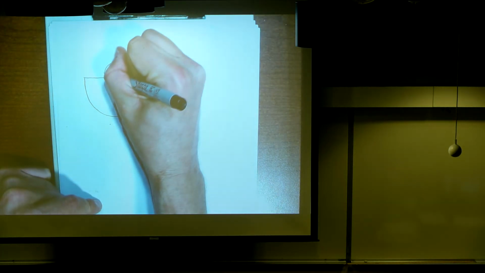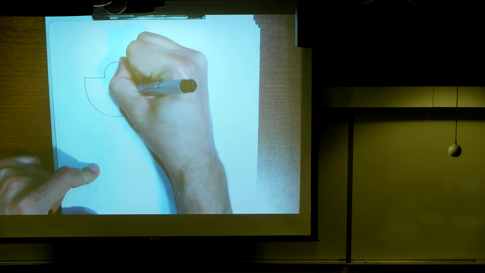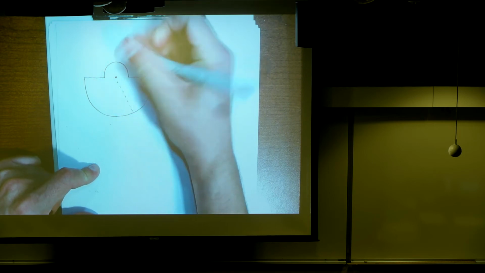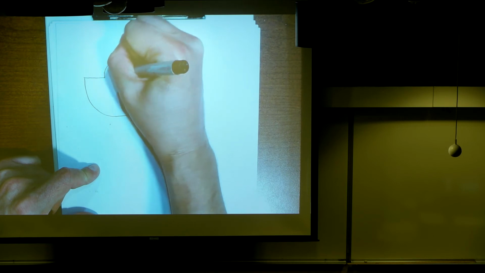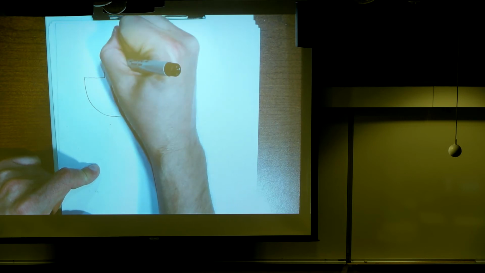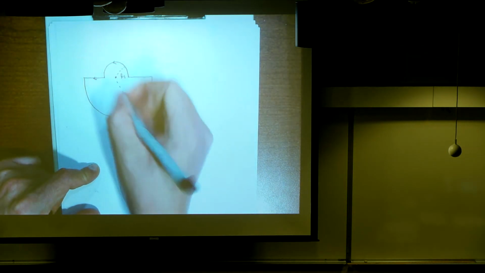We're interested in the B field at the center. The radius of this bigger half circle is R2, and the smaller one is R1. We have the current in this picture flowing counterclockwise, like this.